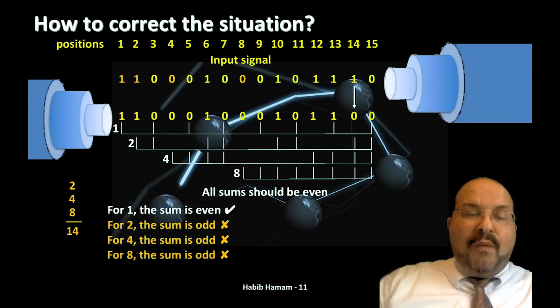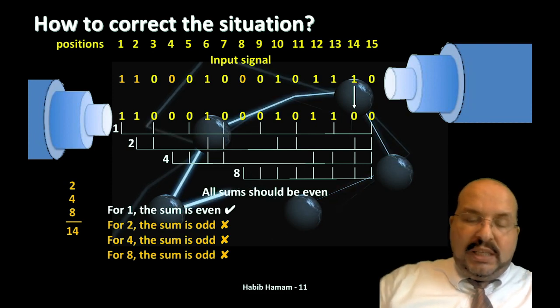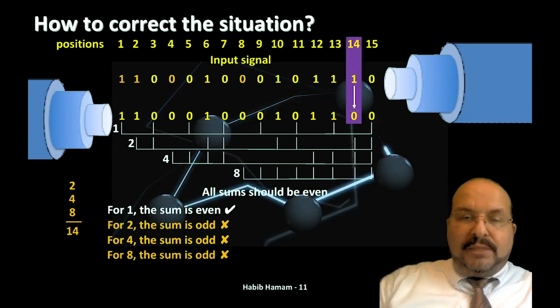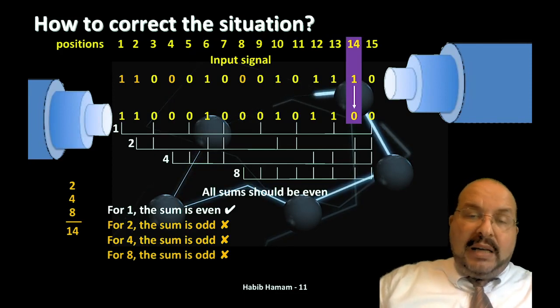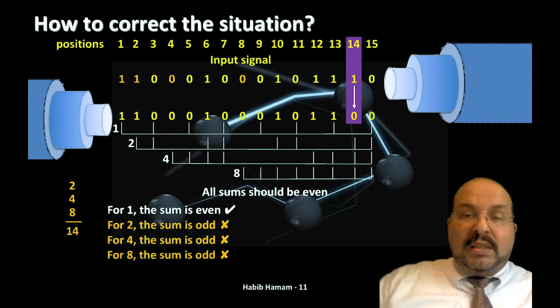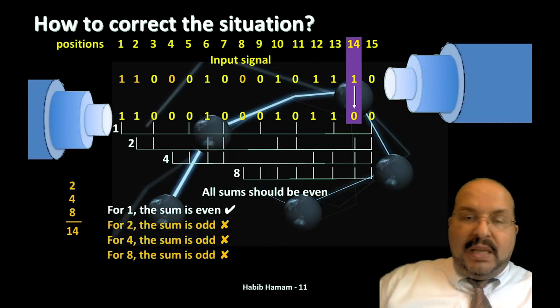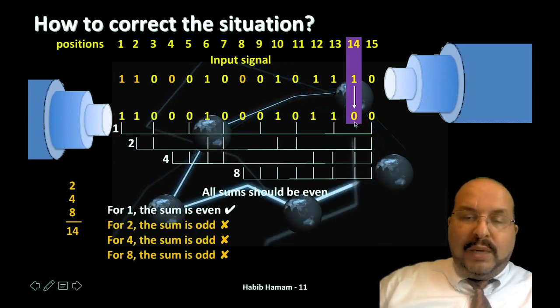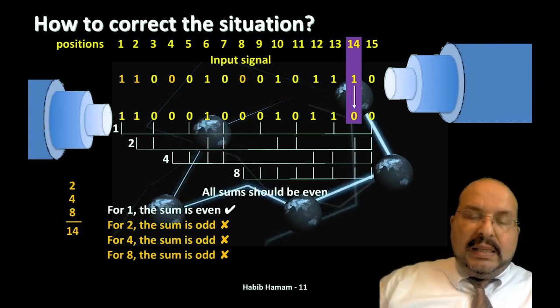It gives me 14. So 14 is the position of the incorrect bit. So I located the error. It's very easy. I received 0. I switch it into 1. I have to swap it, and that's it.